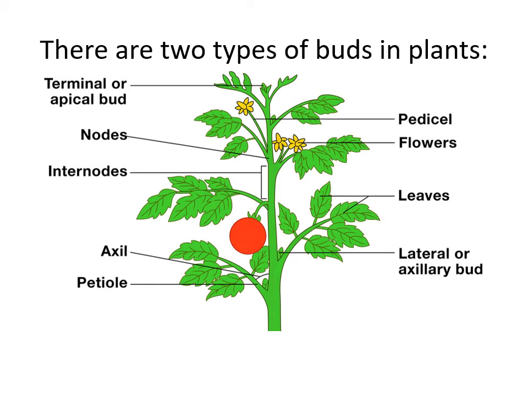This is the part of the stem of a leaf by which it is joined to the stem. Now, there are two buds, the terminal or apical bud and the lateral or axillary bud, about which we are going to learn now.